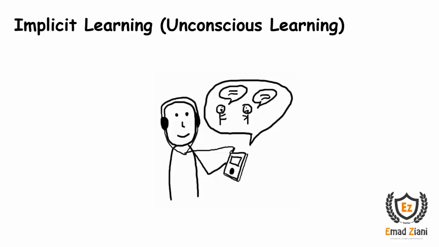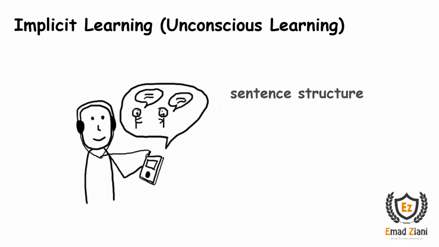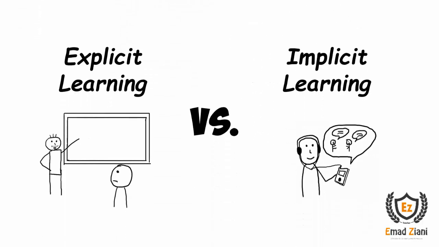When you listen to a conversation, your main goal is not to learn English, but to understand the conversation. But by doing the activity, you're simultaneously learning English. You may not realize it, but you're learning many aspects of the English language, the sentence structure, the grammar, the vocabulary, and so on. So we can learn English in 2 different ways, either explicitly or implicitly.